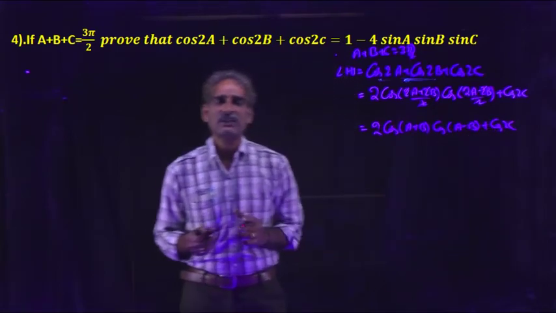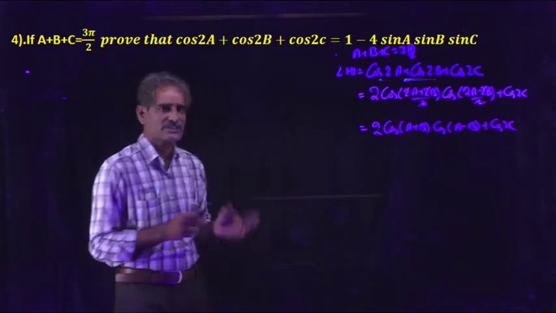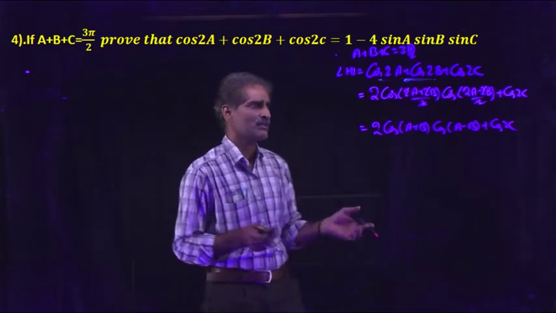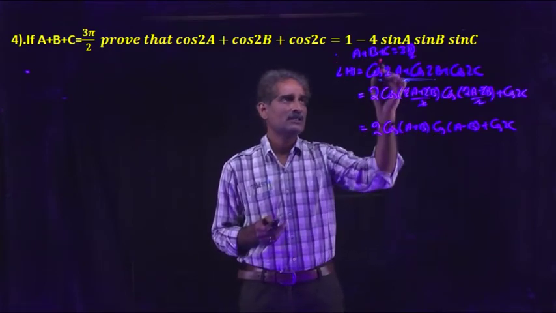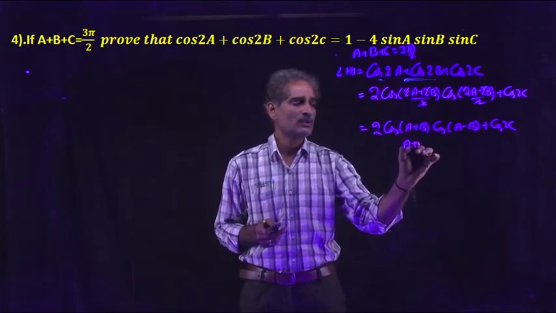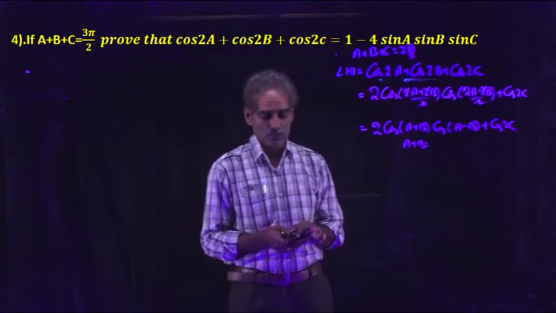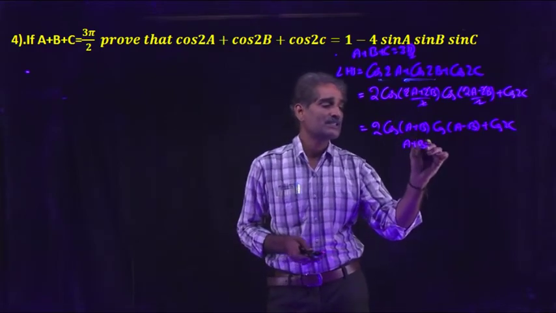In the required answer, there are only sin a, sin b, sin c, just single angles. Again the same process: you can't change this angle, but you can change this angle with the help of the given condition. So a plus b is equal to 3 pi by 2 minus c.